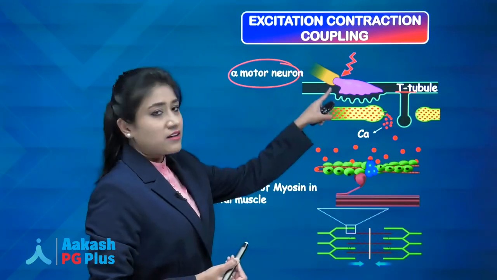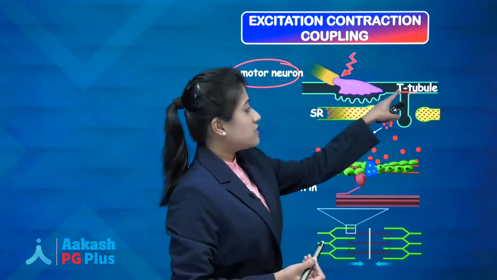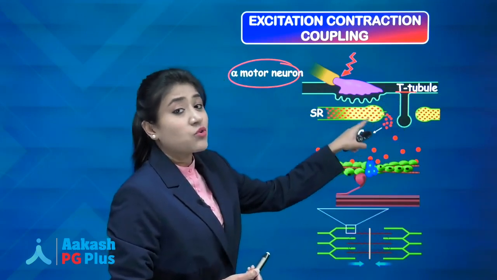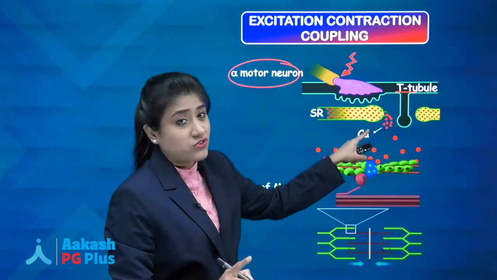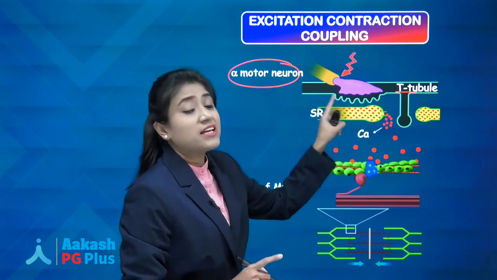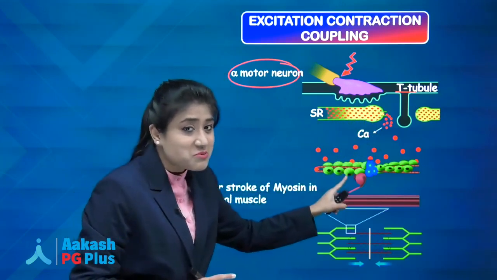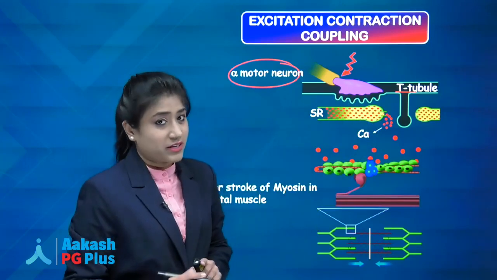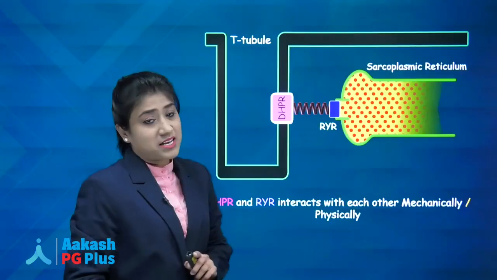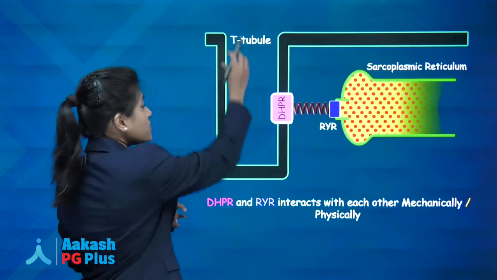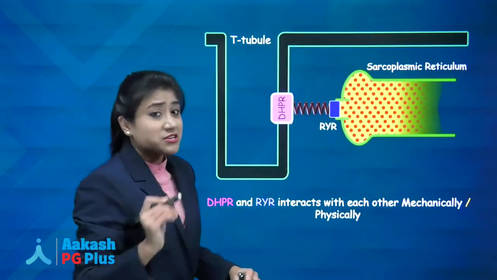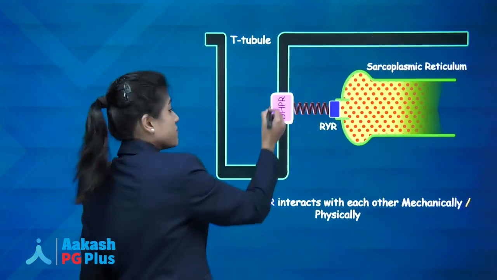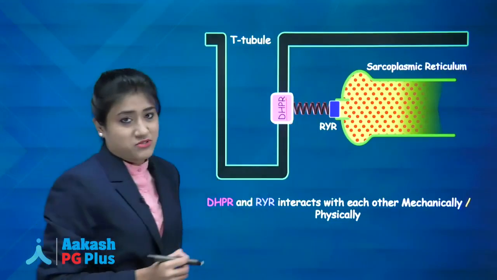Okay. So, here action potential is produced, it travels along the T tubule, it causes release of calcium from the sarcoplasmic reticulum, not mitochondria, from the sarcoplasmic reticulum. Now, this calcium binds with troponin tropomyosin complex leading to muscle contraction. One more thing you should remember guys: if this is your T tubule, then in case of skeletal muscle, in the T tubule you are having DHPR receptor.